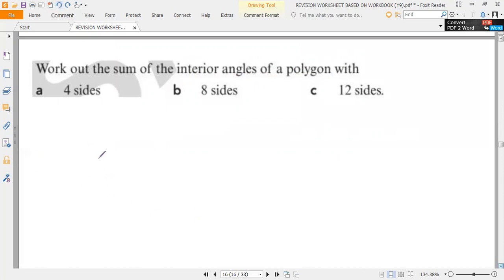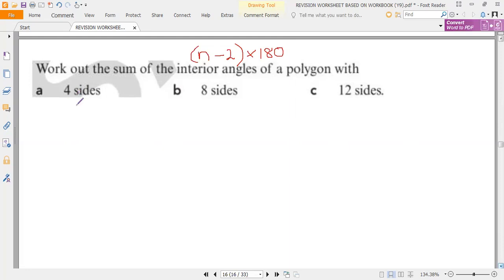We have discussed in class that the formula you need to use for this is n minus 2, where n is the number of sides, times 180. When you use this formula, you will get the total angle inside a polygon, no matter what polygon it is. Regular polygon or irregular polygon, you can use the formula.